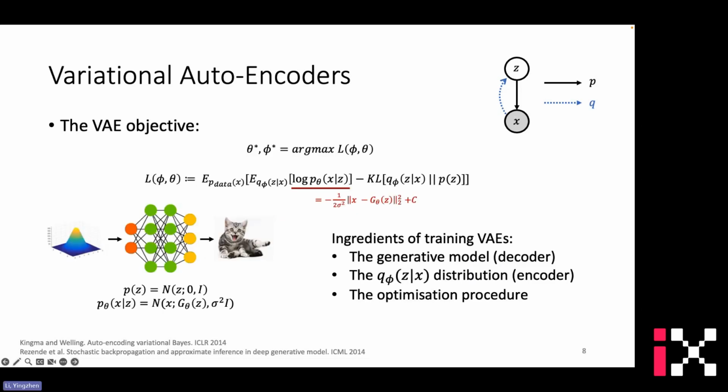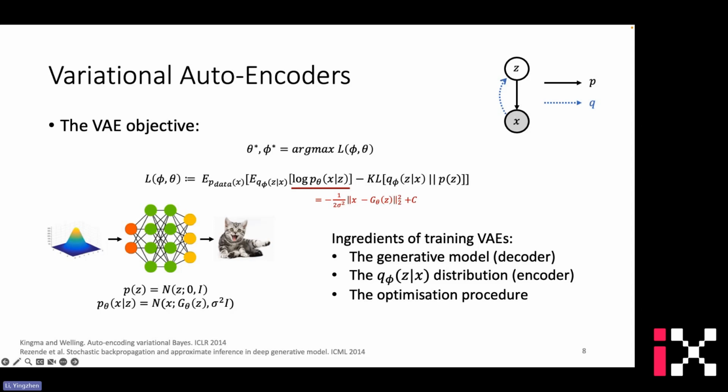Now let's have a look at how we can do this. Let's get back to our model. The good thing is that our likelihood P of X given Z is assumed to be Gaussian. If you plug in the definition of the Gaussian density, the first term is quite intuitive: it results in the negation of the L2 error, or the reconstruction error.